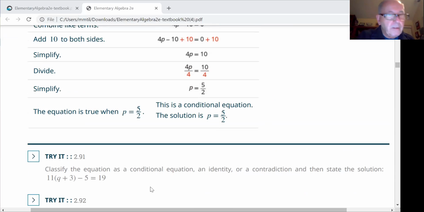I think I'll just write. Let me see, 11q plus 11 times 3, minus 5 is equal to 19. I'll let you tell me what it is. So do you both have that?